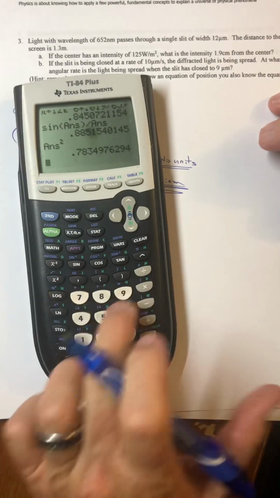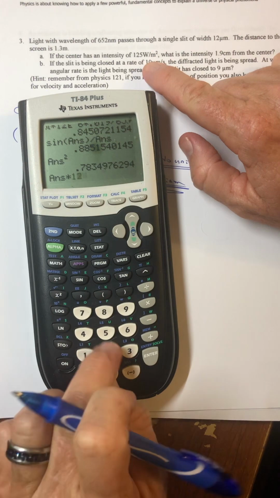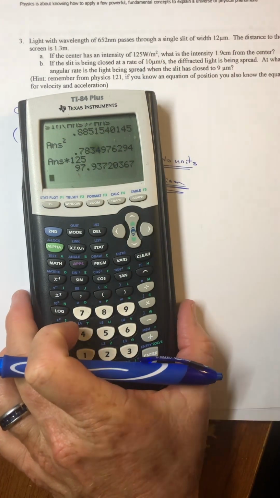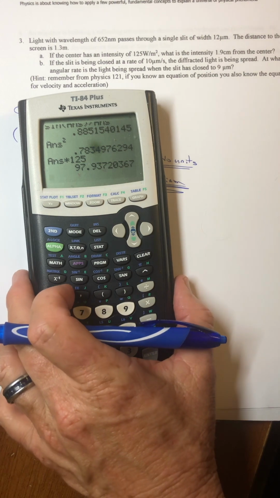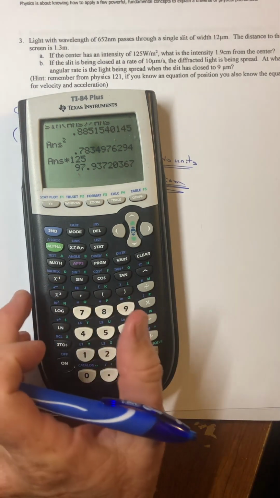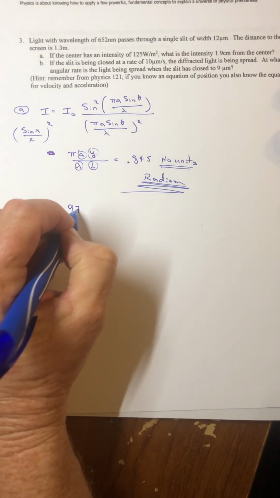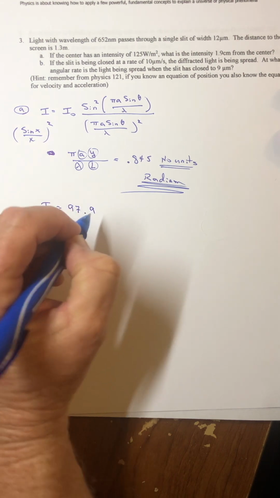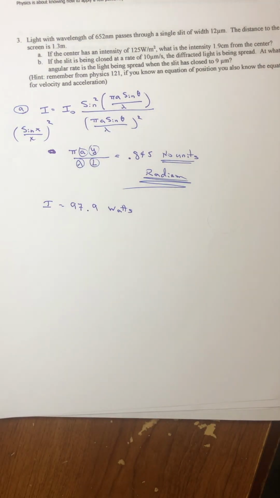And then times the intensity at the center, which they tell me is 125. If I've done all my math correctly, I get an intensity of 97.9 watts. So there's a lot to plug and chug, but it really is a straightforward plug and chug.